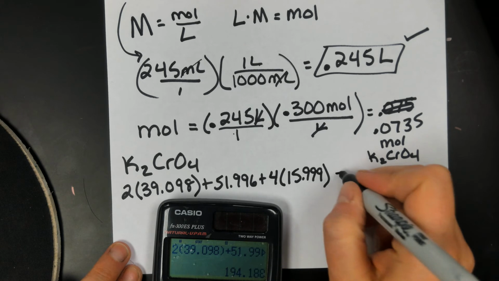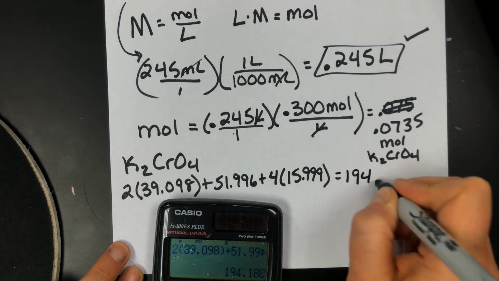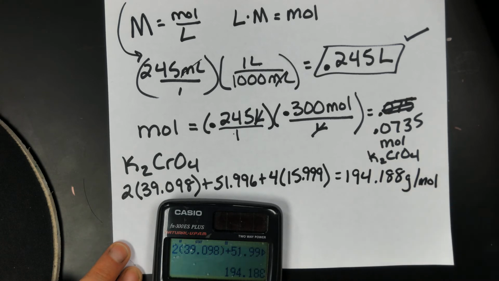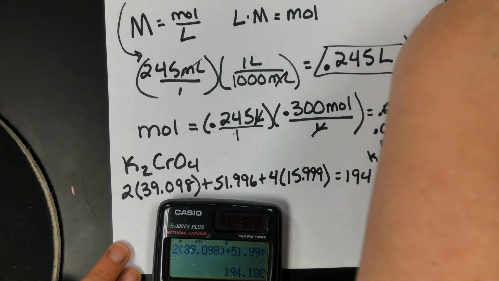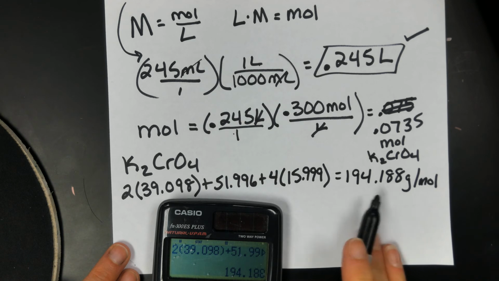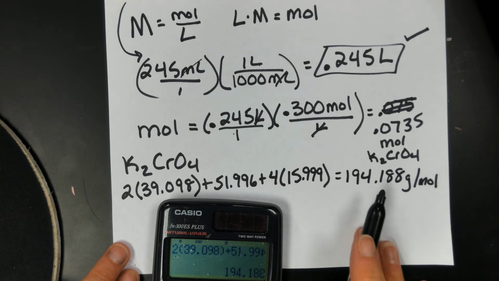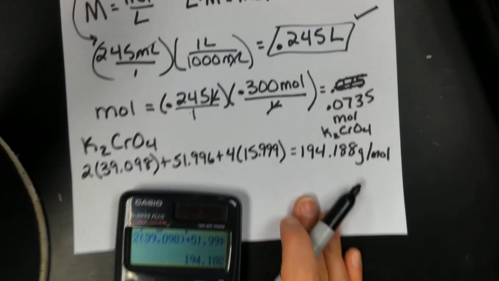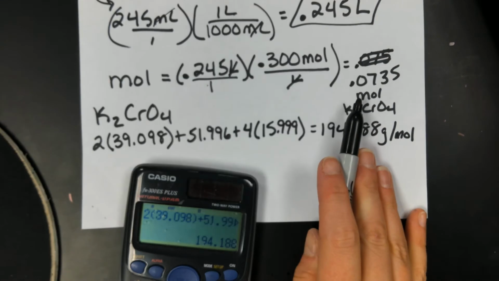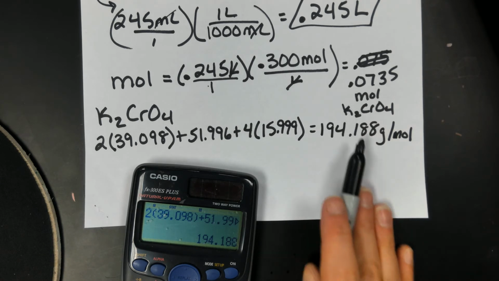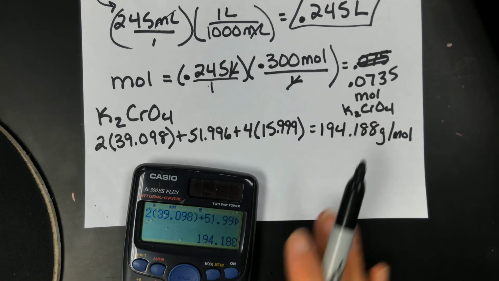It has a molar mass of 194.188 grams per mole, right? So if you want a whole mole of potassium chromate, you're going to need 194 grams of it, right? Okay. But from our problem, it looks like we're going to need much, much less than 1 mole, correct? So our mass should be much, much less than 194.